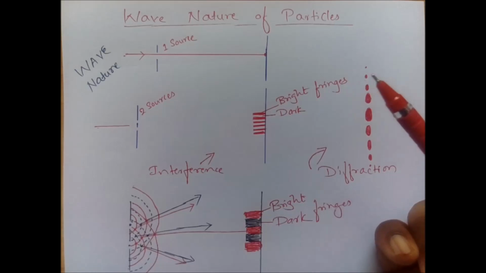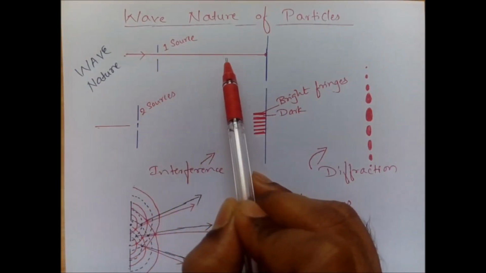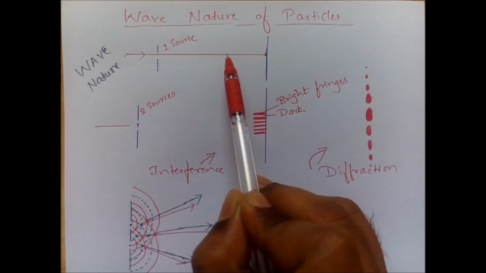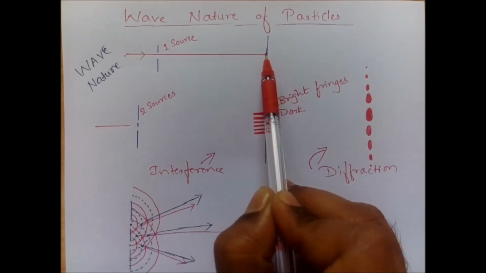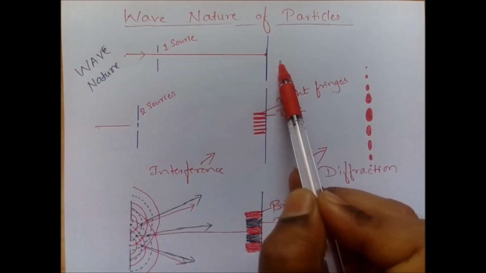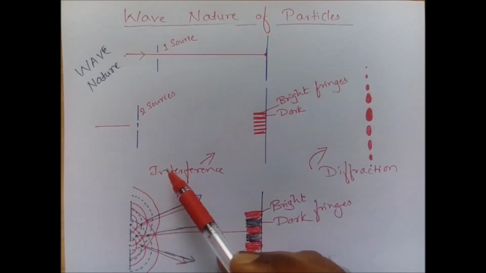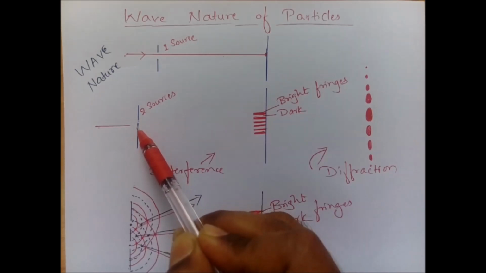So what is interference? Let us consider a source of light. Let us say this is the source of light, and it is incident on the screen. Let us say this is a laser light itself, and there is light falling on the screen. Now when we have two sources, this is one source and this is another source, that means there are two slits.